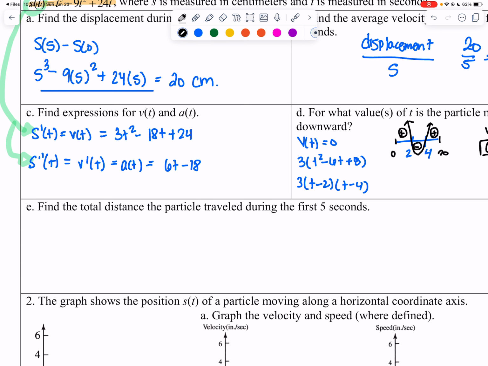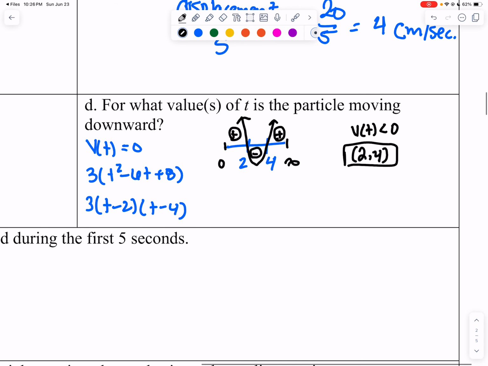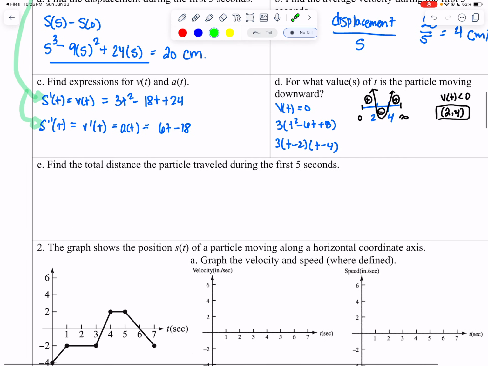I also want my turning points, because that's where I am moving either upward or downwards, and that still counts as distance right here. So I'm going to go ahead and think, okay, find out what my value is for 0, 2, 4, and 5. And since I'm talking about total distance, I want to find S of t.